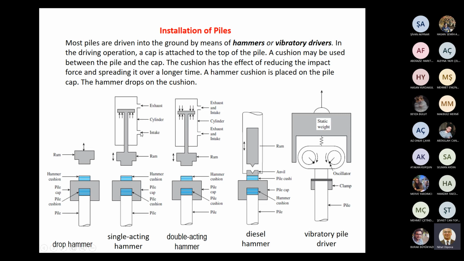Steam is taken from the intake hole and moves this hammer to the top of the cylinder. When this steam or pressurized gas is exhausted from the other hole, this hammer starts to fall. Fall to where? Fall to the top of the pile, creating a free fall energy.